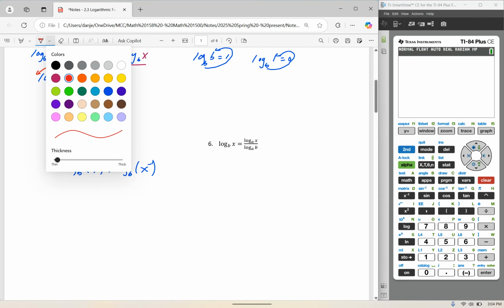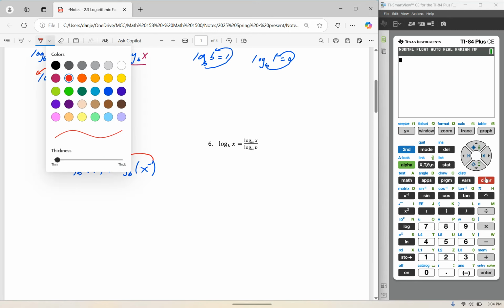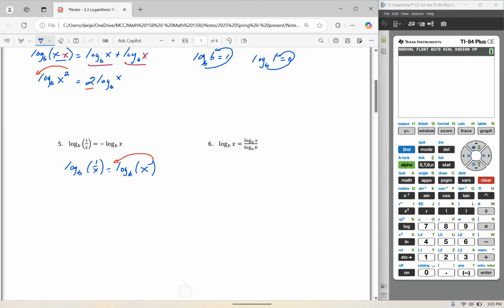And then again, I can pull that exponent of negative 1 out in front, and so this becomes negative 1 times the log base b of x. Number 6 is a change of base rule that is used sometimes, and I may refer back to that rule as we move forward.